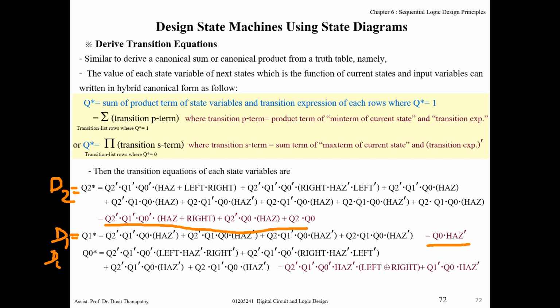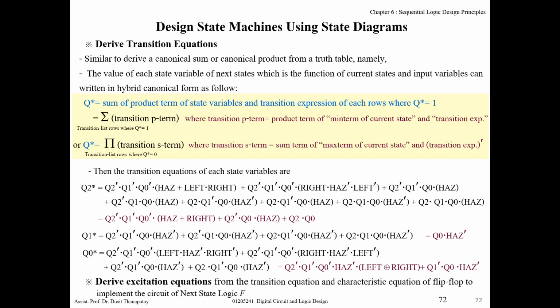D0 is this expression. So now you know the excitation equation. That means now you can write the circuit diagram of the next state logic F. Then that's all for the design.